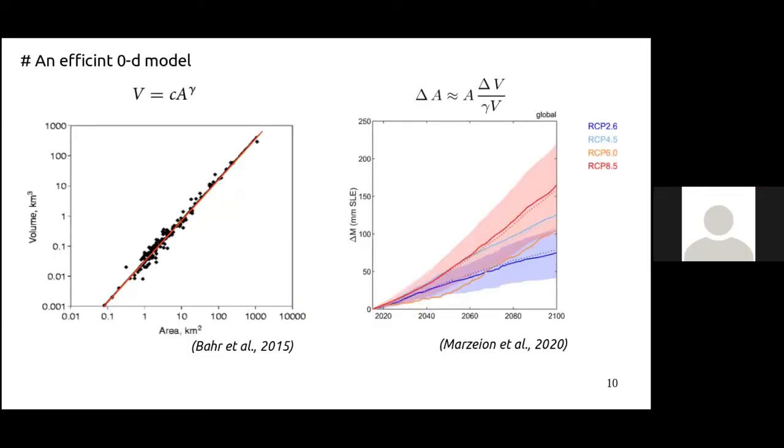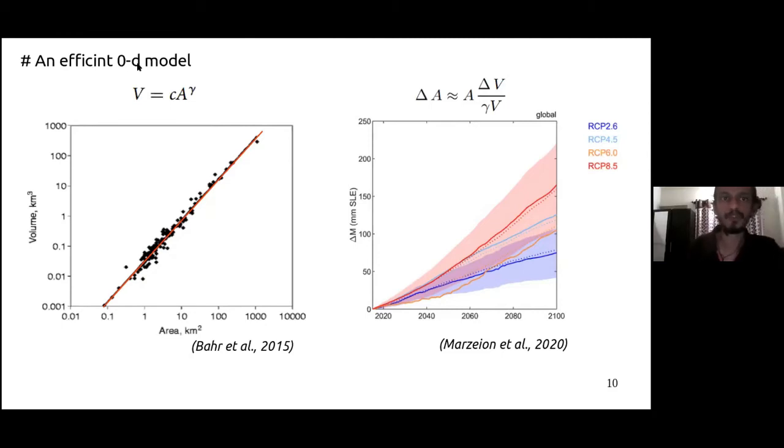Then, because of numerical complexity, people often want a 0D model, and one such very popular model is this. There is an empirical relationship between ice volume and area, and this gamma turns out to be 1.375, which was derived empirically. The Bahr et al. paper in Reviews of Geophysics explains it very nicely.